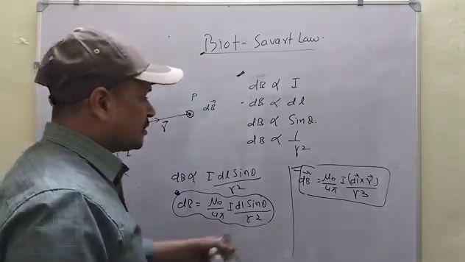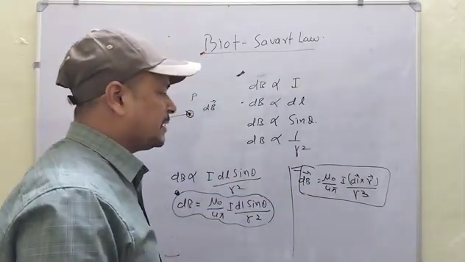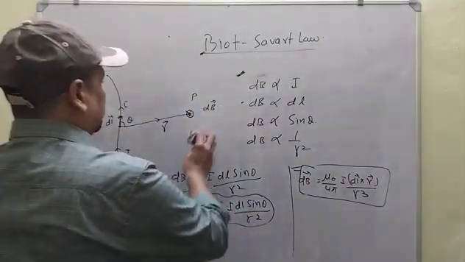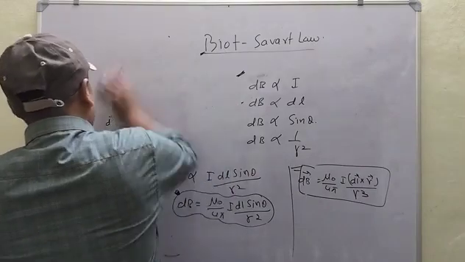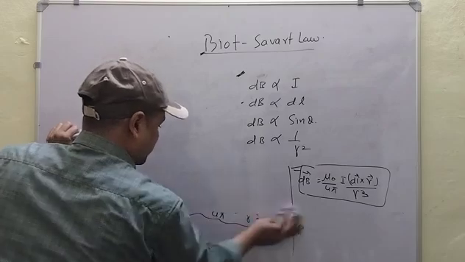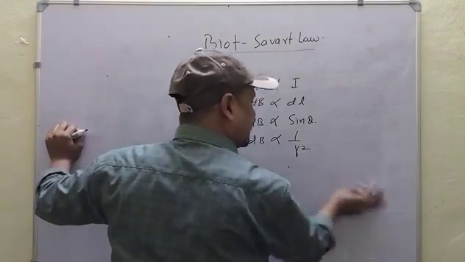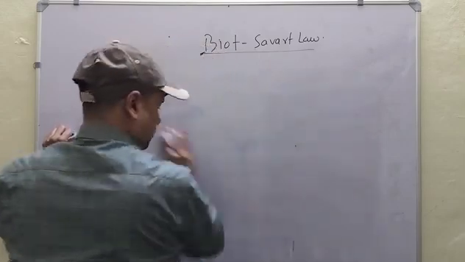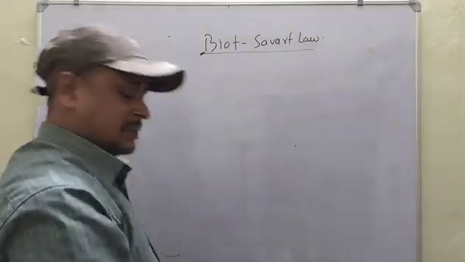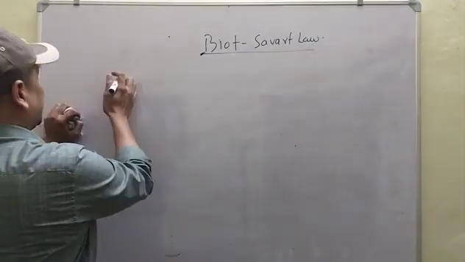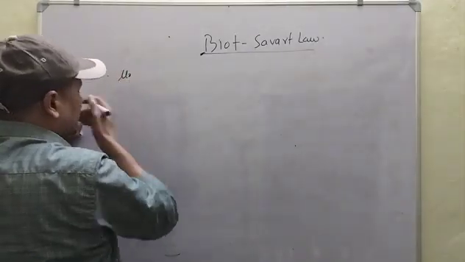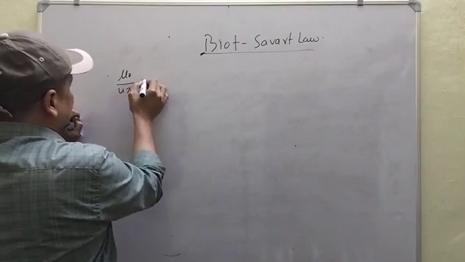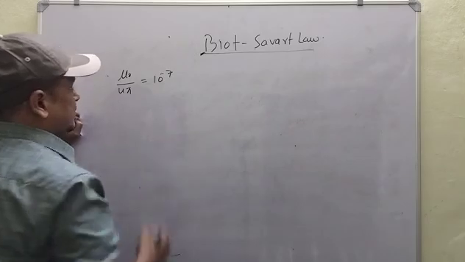Now we will discuss what the mu naught by 4 pi is here. Mu naught by 4 pi is a constant, and its value is 10 raised to the power minus 7.